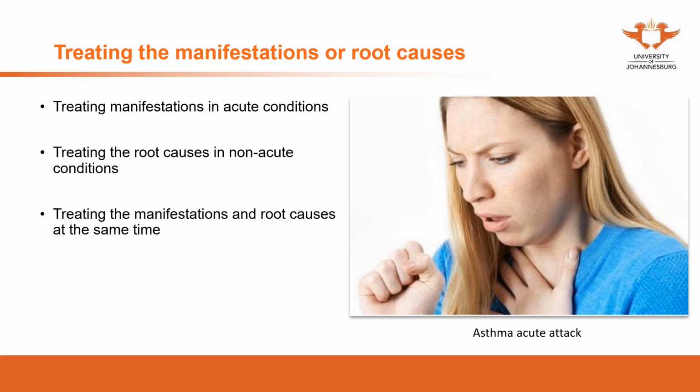From the symptoms of asthma, difficulty breathing and coughing, we need to figure out the root causes. Then in a non-acute condition, we treat the root cause to prevent recurrence. That's the principle from the previous video, which begins to restrain the disease from aggravation.